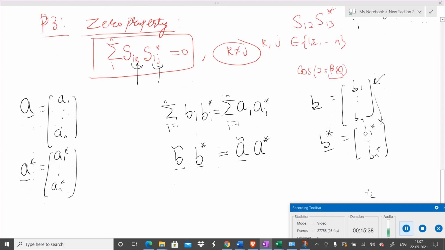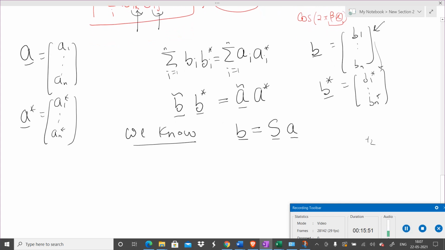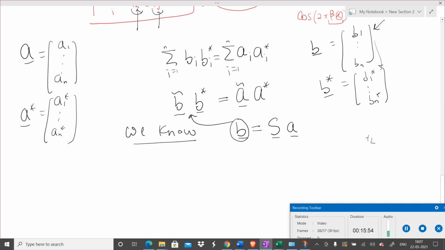Similarly here, but we know that by definition of S parameters, B vector is equal to S matrix times A vector. I will substitute it here. So what we get is (SA) whole transpose times (SA) conjugate is equal to A transpose A conjugate.